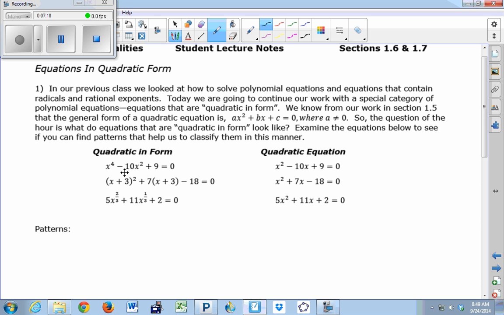Quadratic equations are polynomial equations, and all of the things on, well, this one is not a polynomial equation because we have rational exponents. Polynomial equations will always have whole numbers up here, okay?